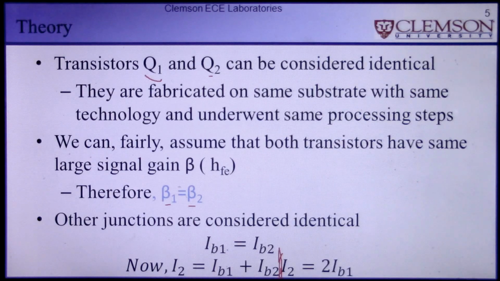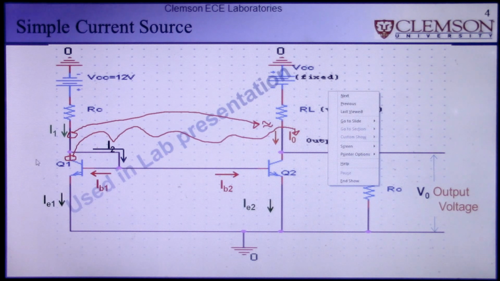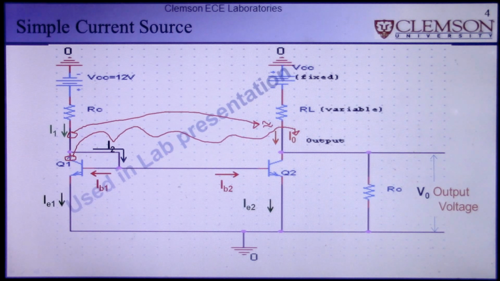Let's get back to the bigger picture. So that's what I said. The current here is approximately the same as here. As you can see, we actually just missed twice that base current. One base current and the second base current, they're equal.